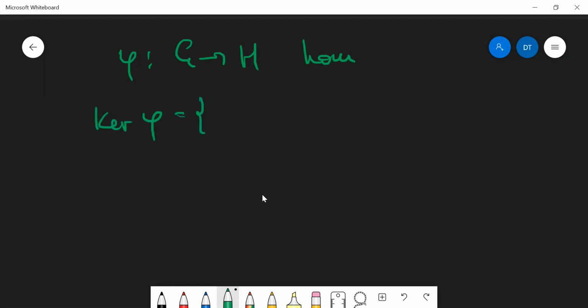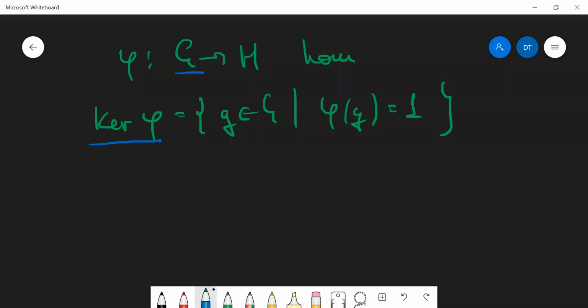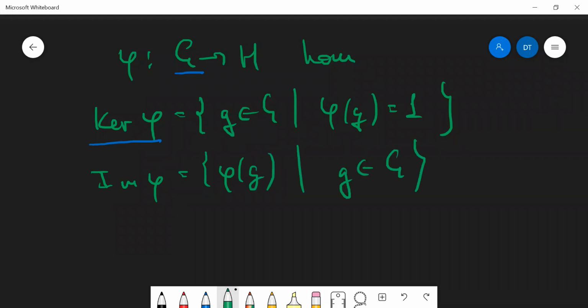The kernel of phi is the set of all elements from G going to the identity element in H. So the kernel is a subset of G on the left-hand side. And the image of phi is the set of all elements of the form phi of g, where g goes through all the elements of G. So this is just the set-theoretical image of the map phi, and the image is a subset in H.